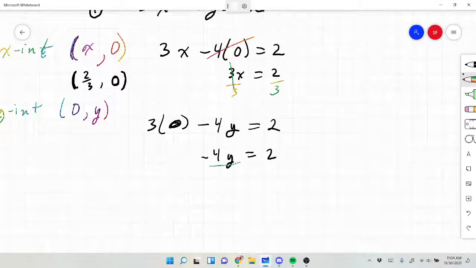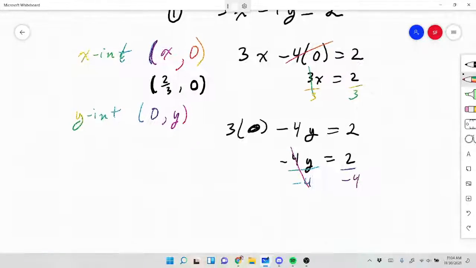And then we divide by negative 4. So my y-intercept is what? Negative 2/4, negative 1/2. (0, negative 1/2), right?